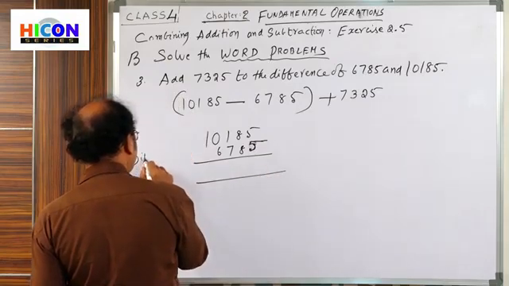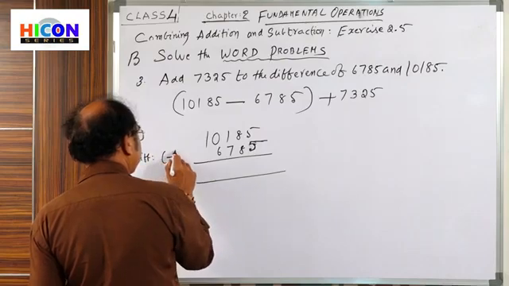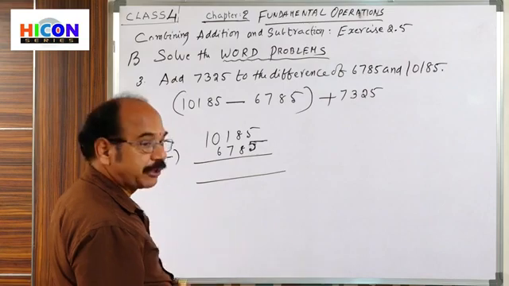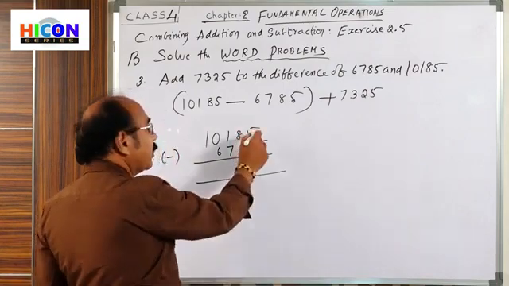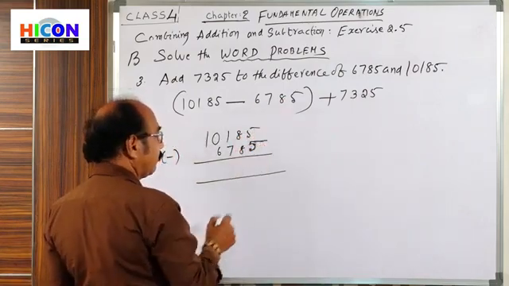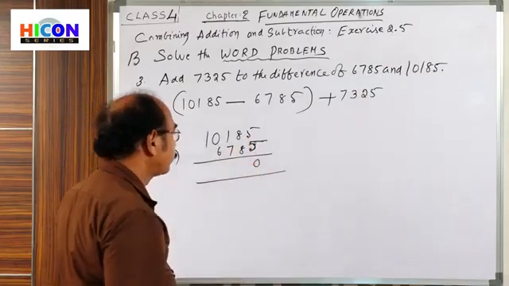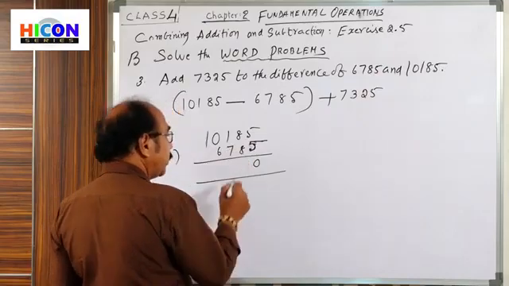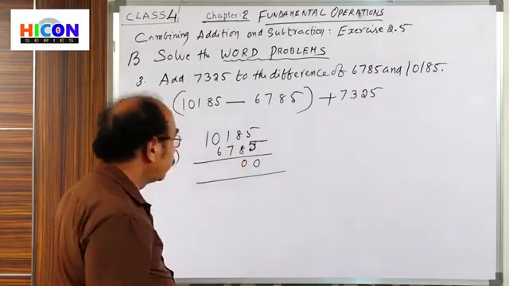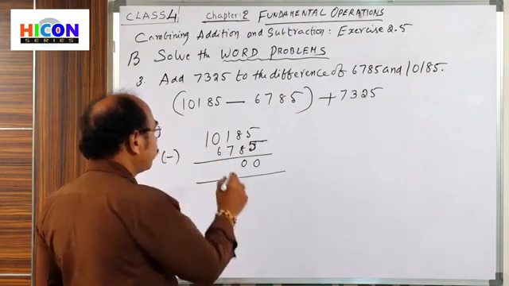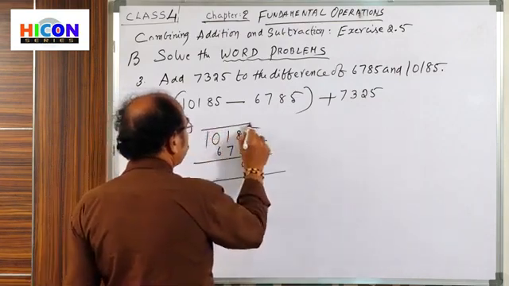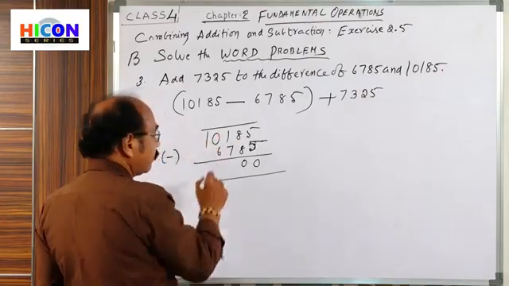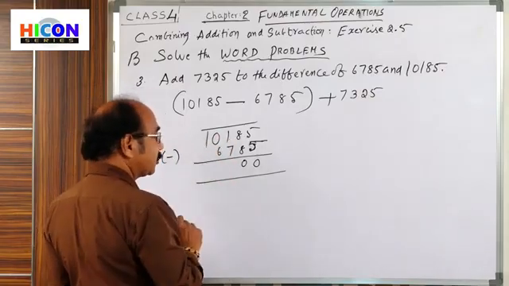Difference means minus, subtraction. 10,185, 6,785. So from that big number, subtract this small. 5 minus 5, 0. 8 minus 8, 0. We cannot subtract 7 from 1. That's why take borrow from its before place.